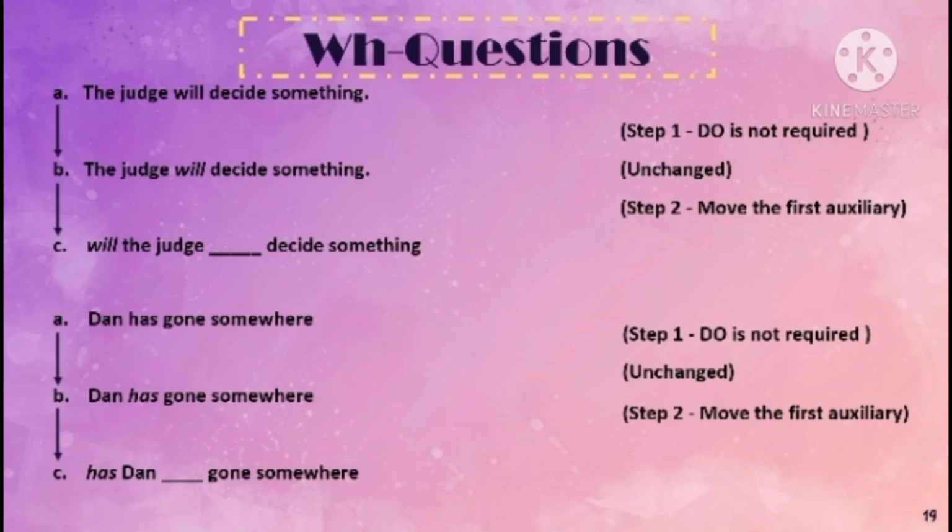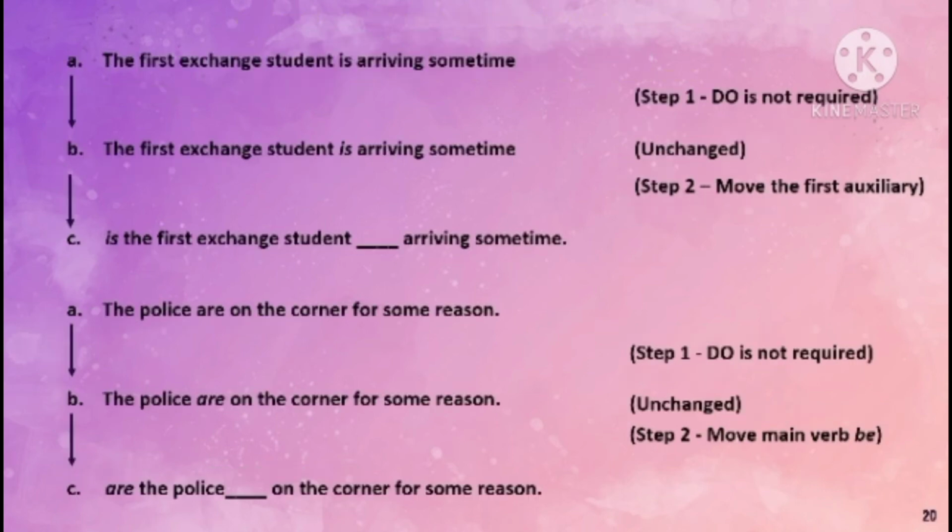So in this case, the second sentence does not also require the word do because it has an auxiliary, which is the word has. So the second step is to move the first auxiliary into the first part of the sentence. If we do that, we are going to have a question: has Dan gone somewhere? Now let's proceed to the third example.